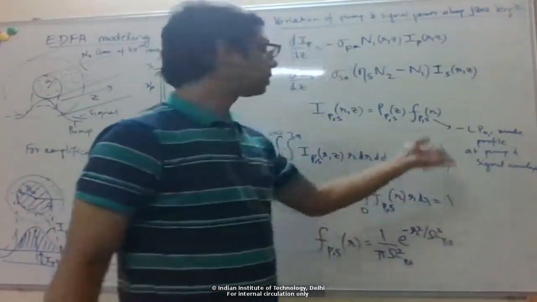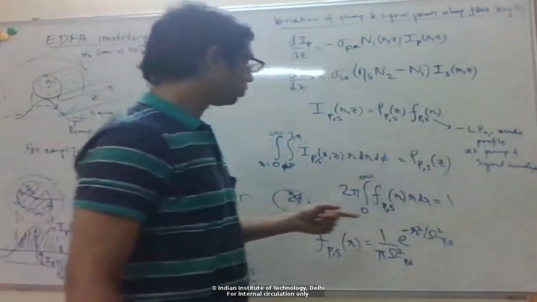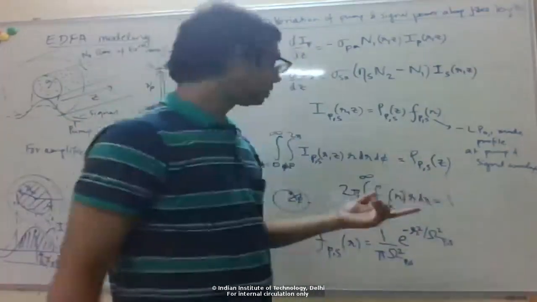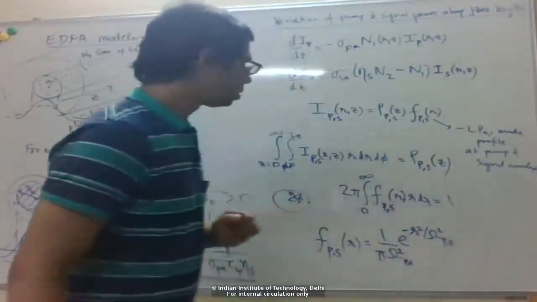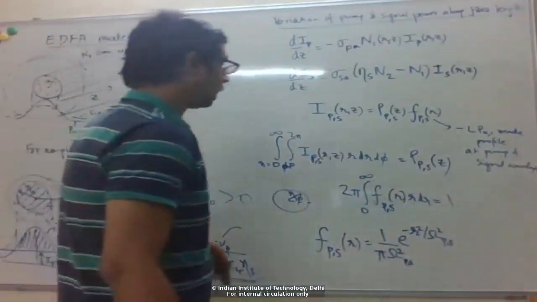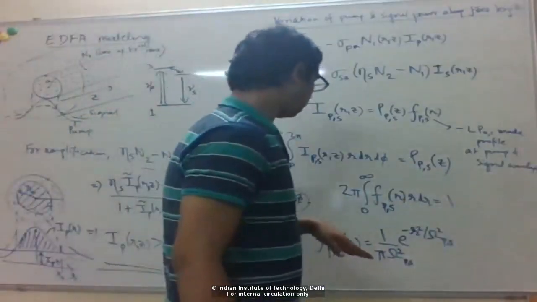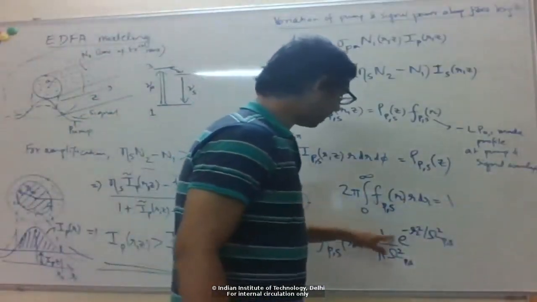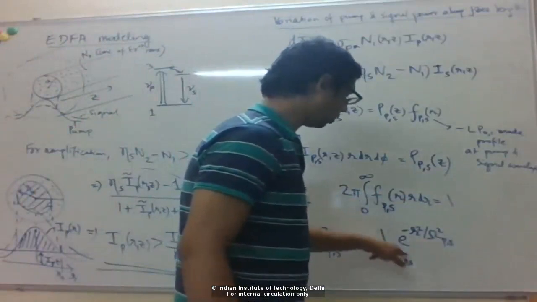The spot size depends on, for example, the V number at that wavelength. So for the pump and signal, since there are different wavelengths, the spot size will be different, and for the normalization I have one over the mode area.